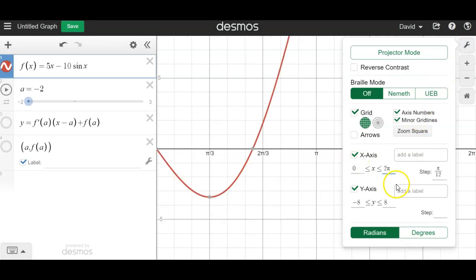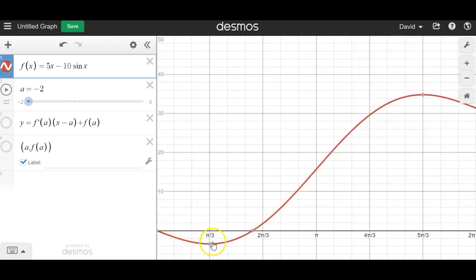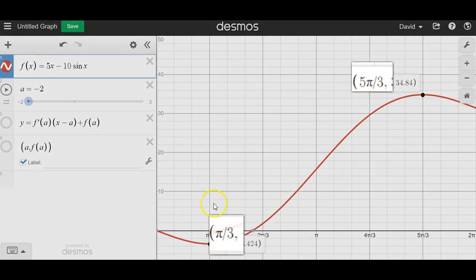Again, what you're looking for are places where it drops down and goes back up, or rises and then comes back down. There are a couple of values between 0 and 2 pi that occur here. What you're after when you're asked these questions are these x coordinates: pi over 3 and 5 pi over 3.